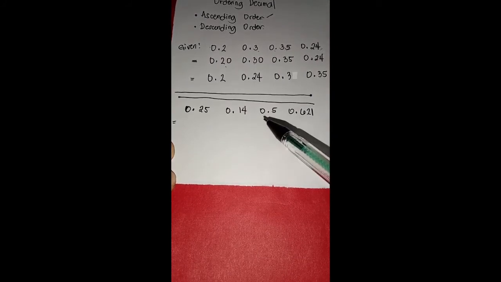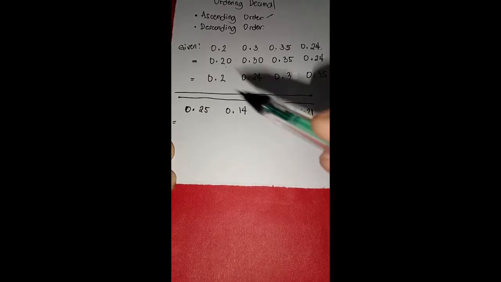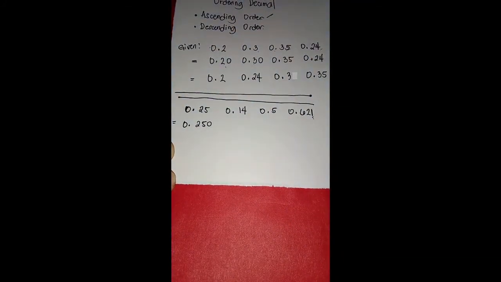Okay, so first we will rewrite them so they have the same place value. Titingnan lang kung ano yung pinakalargest na place value dito. So meron tayo ditong 621 thousandths. So ang gagawin natin silang puro thousandths. So yung 0 and 25 hundredths, they will become 0 and 250 thousandths.